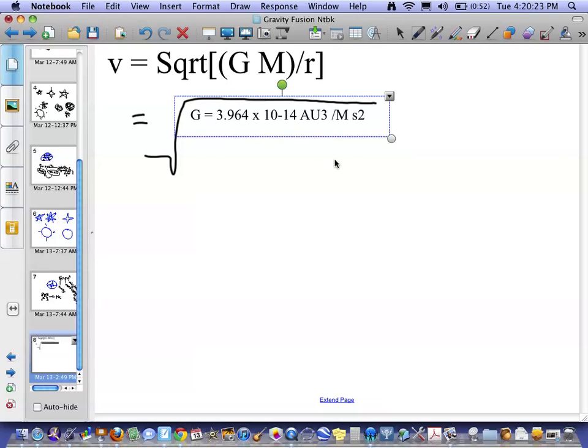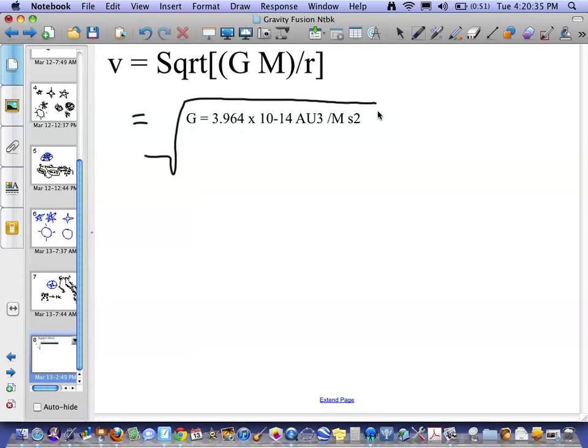Okay, so I'm going to take that gravitational constant and multiply it by the mass of my star. Hopefully you already figured out the mass of your star, possibly in the star in the box animation. Because I am working with the sun, the mass of my star is 1 solar mass. So for this M, I'm going to put a 1, and I'm going to put an M, which stands for solar mass.